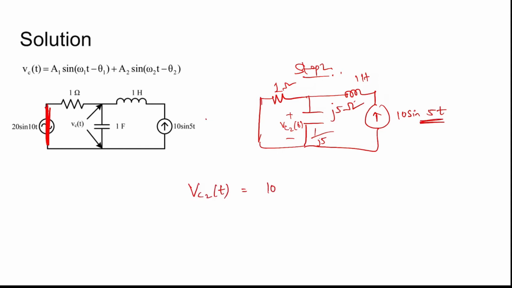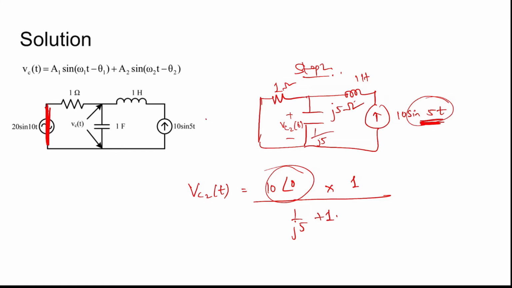Vc2 of t is 10, considering sine of something, so 10 angle 0. Now this is the current division rule: the current in this branch is the impedance in the other branch divided by the net impedance of the two branches.